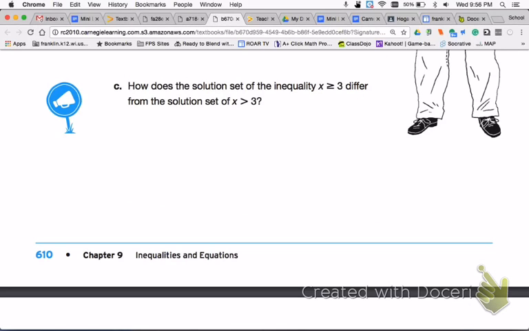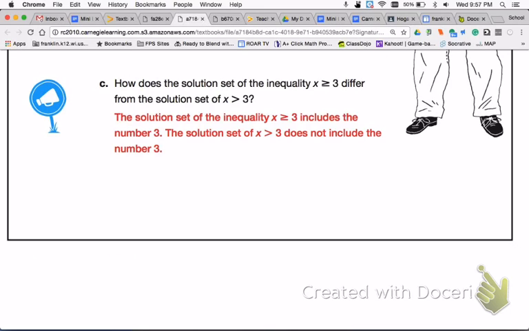Please answer number 1, letter C, with your group members. For letter C, the solution set of the inequality x is greater than or equal to 3 includes the number 3. The solution set of x is greater than 3 does not include the number 3.